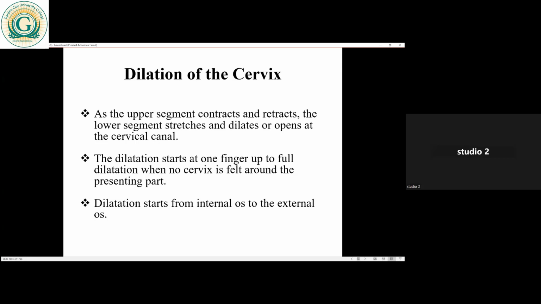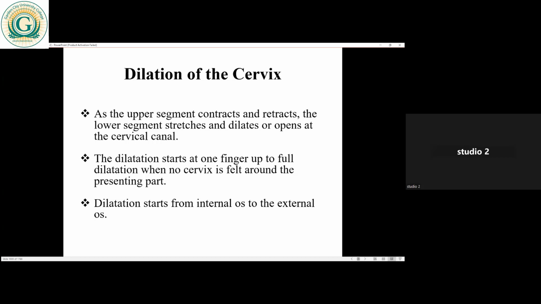When you go to the labor ward, the midwives will be describing dilatation in the form of fingers: 1 finger, 2 fingers, 3 fingers, 4 fingers, 5 fingers, meaning each finger is 2 centimeters. So when the woman reaches 5 fingers, which is 10 centimeters dilatation, that is when the first stage ends and the second stage comes in.